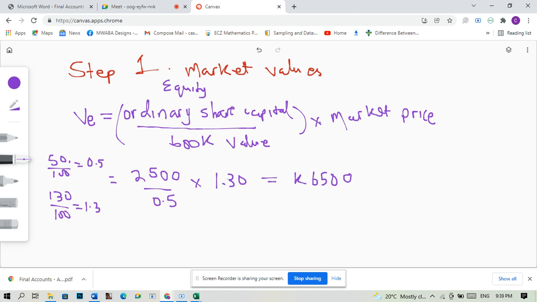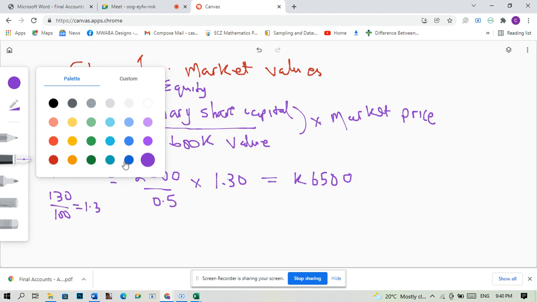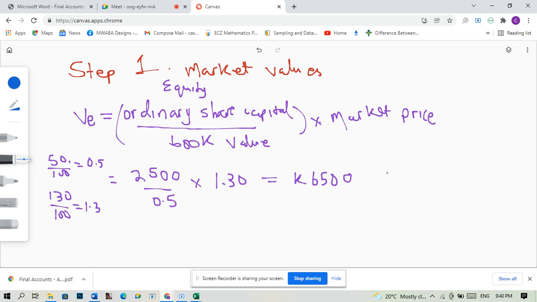The next, we're going to calculate the market value of the debt. Okay, the market value of the debt. So we're going to denote it as VD.